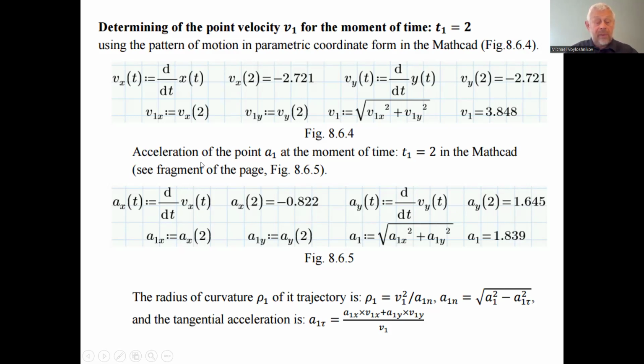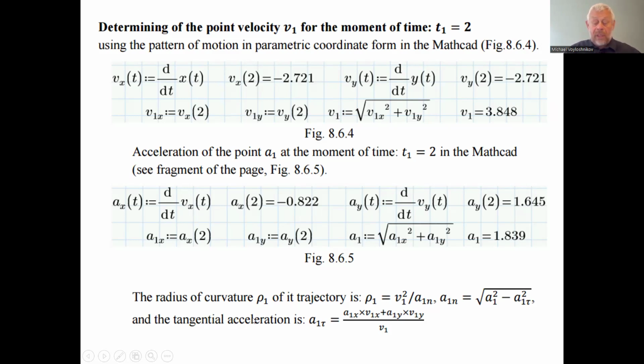The first is the first derivative of vx on t, and the second is a y, the second derivative of y on t, or the first derivative of vy on t. After that, we find it in the same sequence as finding the velocity. We can find that the acceleration magnitude is the square root of the sum of two summands, each component raised to the square power. A1 is equal to 1.839.